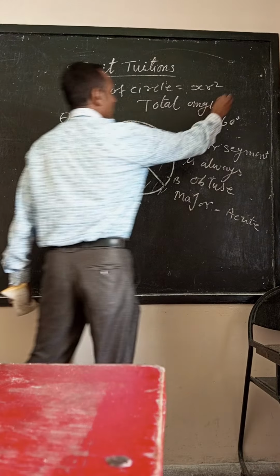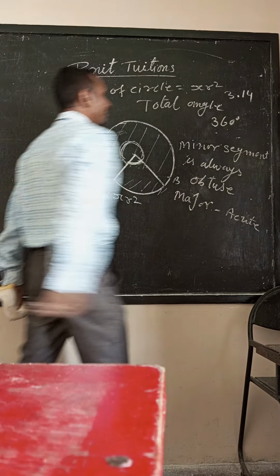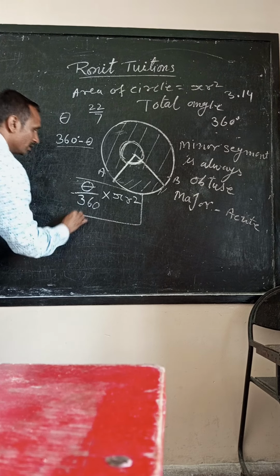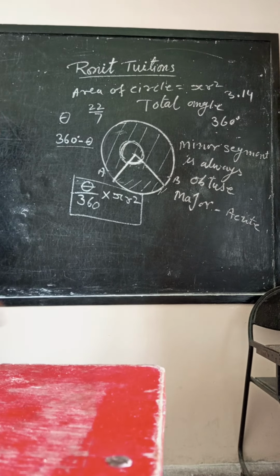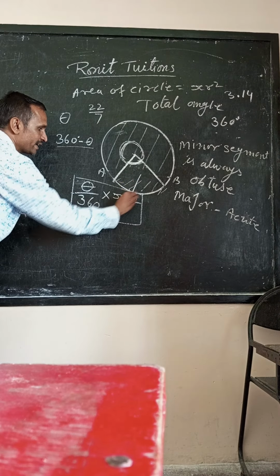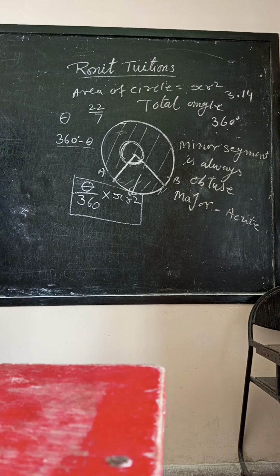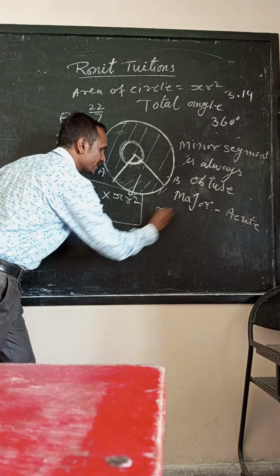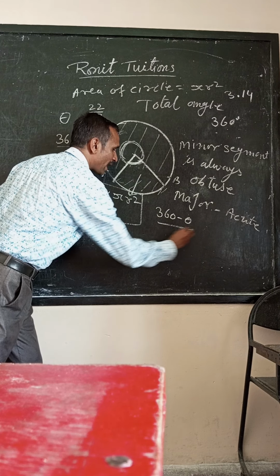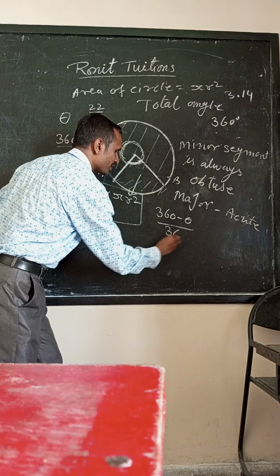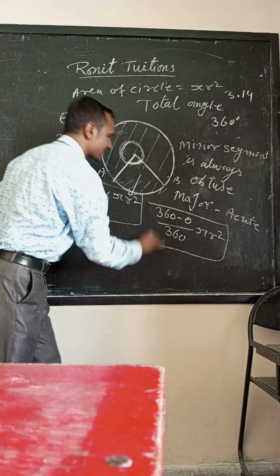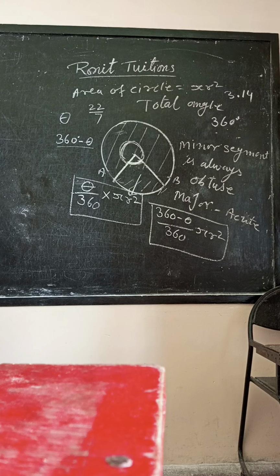If it is given, you can take 3.14. This is the area of the minor sector. For the major sector, you can write 360 minus theta by 360 into pi r square. This is the area of the major sector.